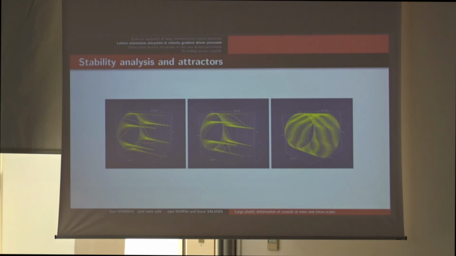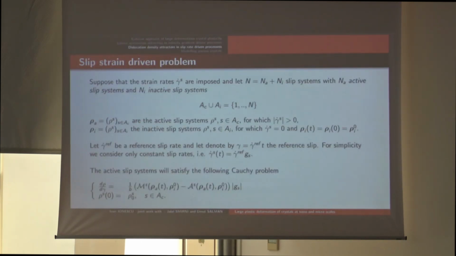There are 6 attractors, in reality only 3 because there are some symmetries. Here you have the attractors on the left and not on the right, and here we have no attractors at all. The lattice has too big a rotation.